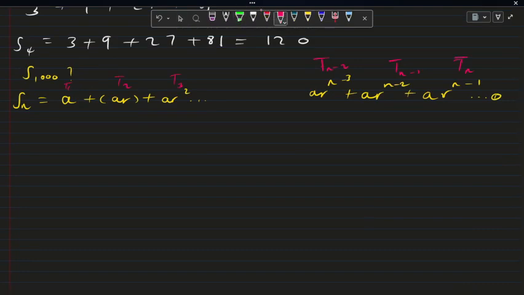Now to obtain equation 2, we'll take equation 1 and multiply it by r.